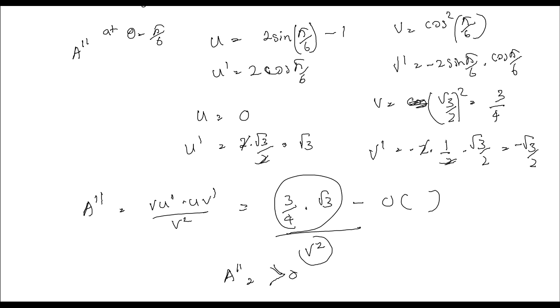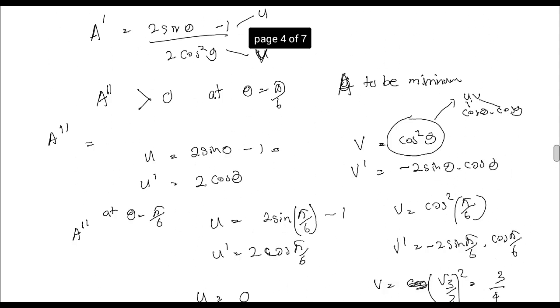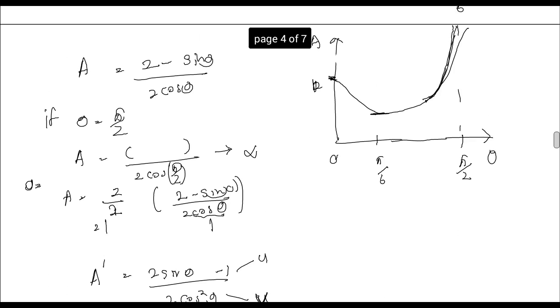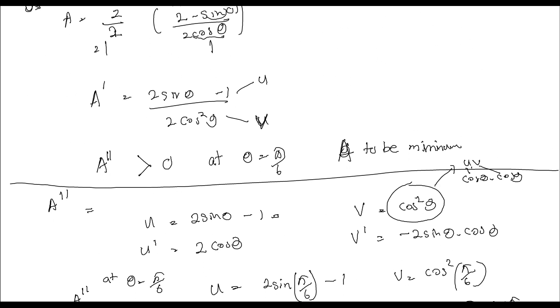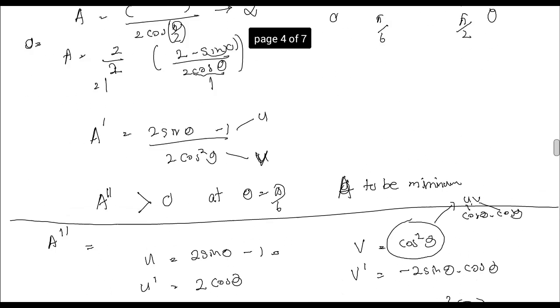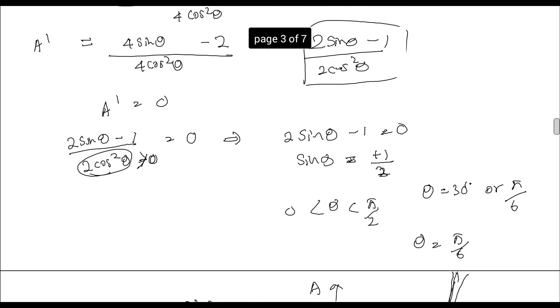So that's a minimum. That just says a double dash is greater than 0, that means a dash is a minimum. Now the whole part that I did later after showing it theoretically, which means after here, you don't have to do it, it's just to show that you can do it in different ways. Now I hope you understand the question clearly.